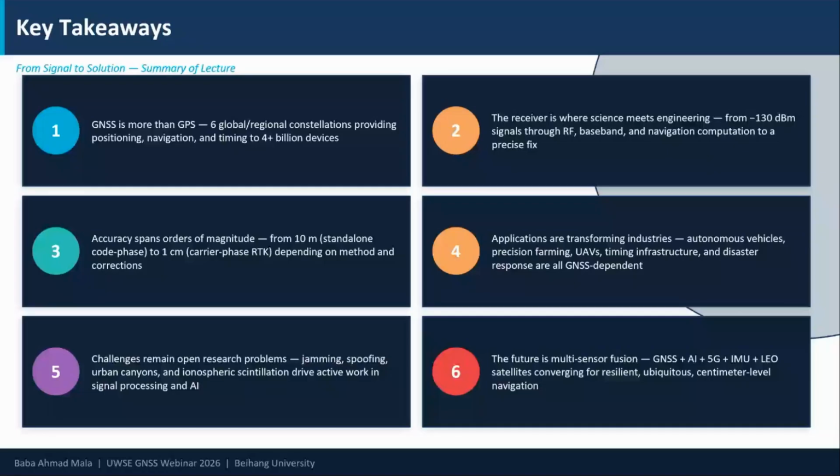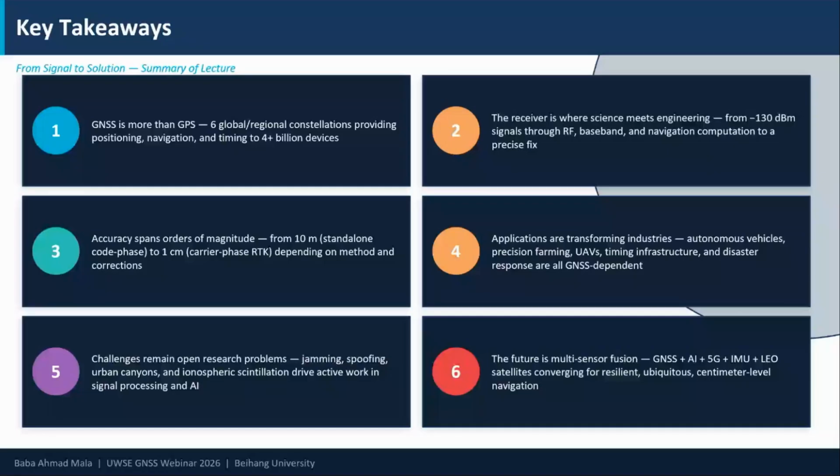Impact and obstacles. Some of the impacts and obstacles we explored: GNSS is transforming entire industries, from the way we drive and farm to how we fly our drones and how we synchronize power grids. We have also acknowledged the significant challenges, the threat of jamming, spoofing, urban environments, and ionospheric issues, which are critical areas of research. But mostly, the future is fusion.